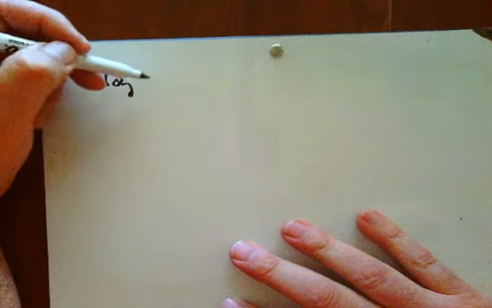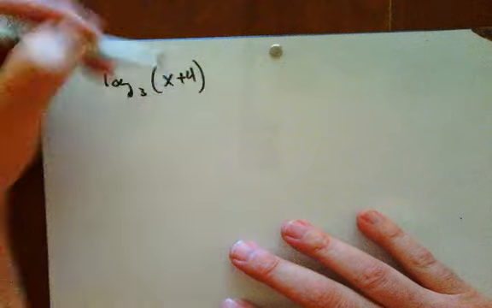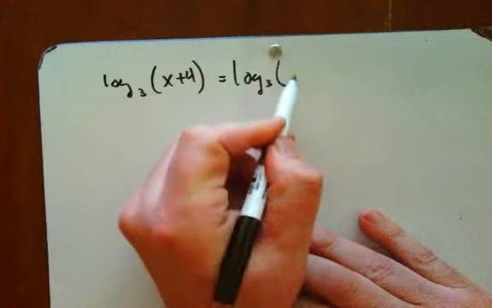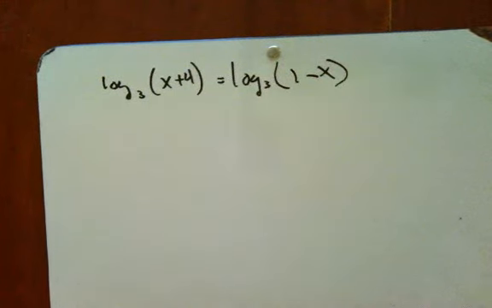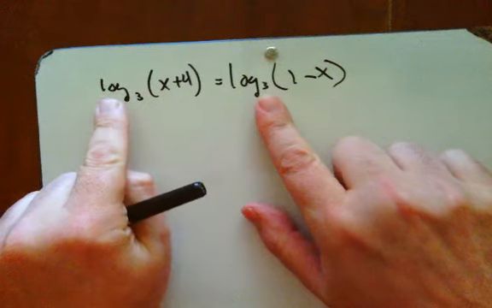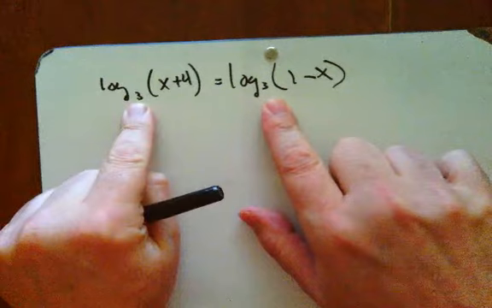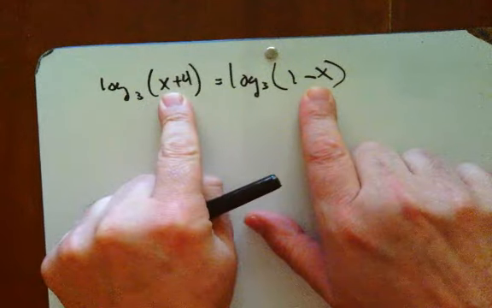I'd like to look at some other equations, in particular ones where you'll want to use or think about using the one-to-one property. So, for example, how about log base 3 of x plus 4 equals log base 3 of 1 minus x.